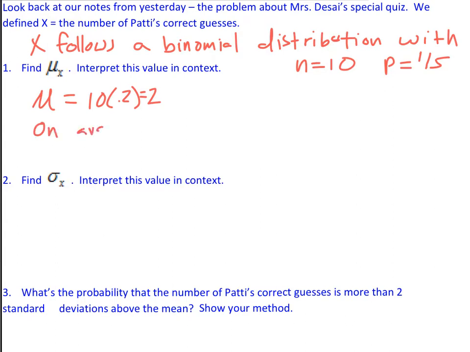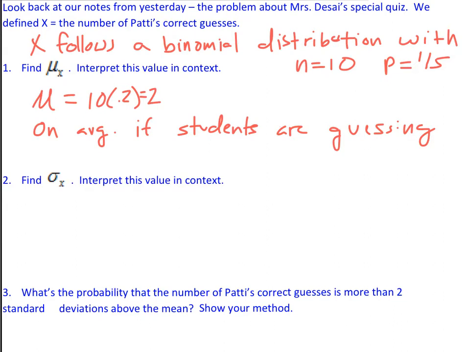So if I want an interpretation there, I'd say on average, if students are guessing, which they are, that part I could actually probably leave off, because the context of this problem made it really clear. They have no choice.